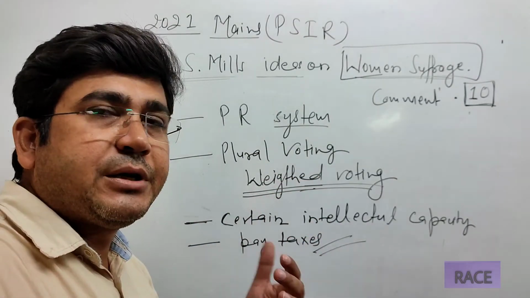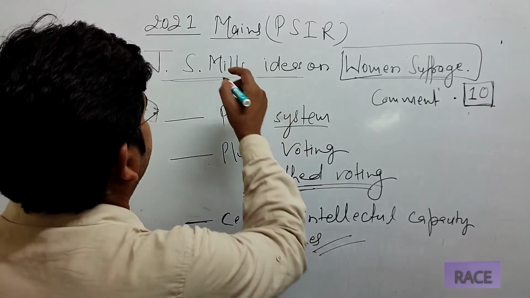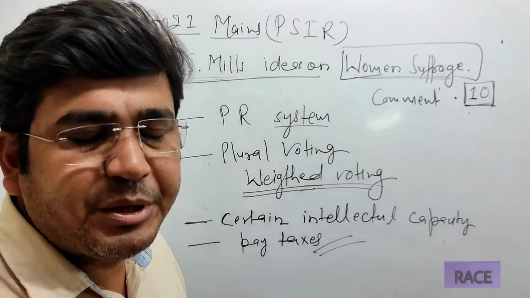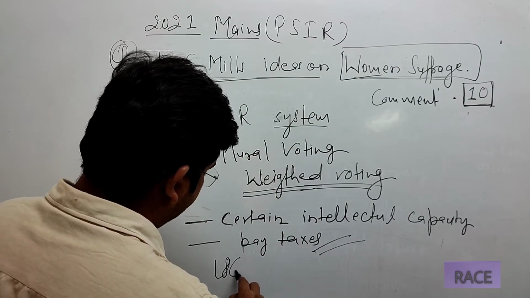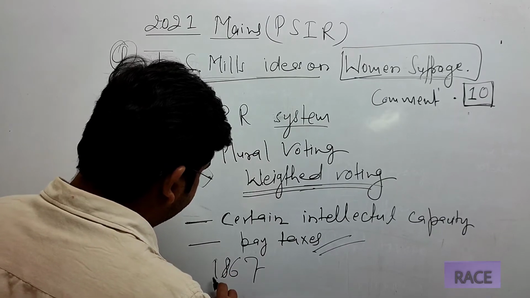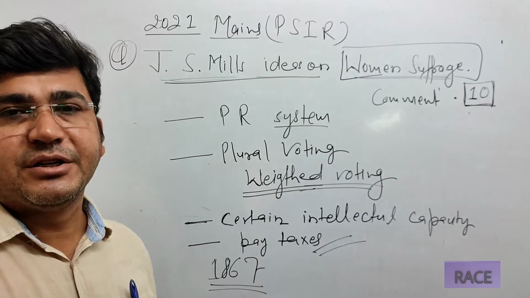To support his argument, his first systematic speech was delivered in 1867 in the British House of Commons. The Second Reform Act was being discussed.